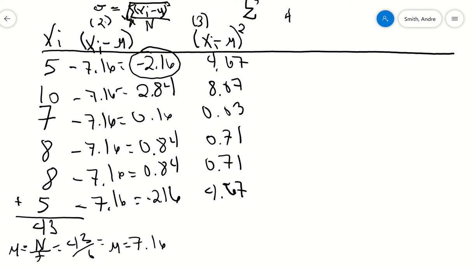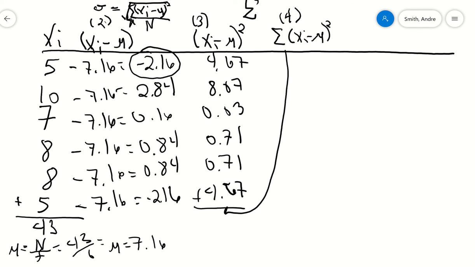So let's just move on to step number 4. Step number 4 looks like the sigma here, x sub i minus mu, squared, right? So that means that we have to add everything that we got here. So let's put a little plus sign here. That means that we add all of these up, right?